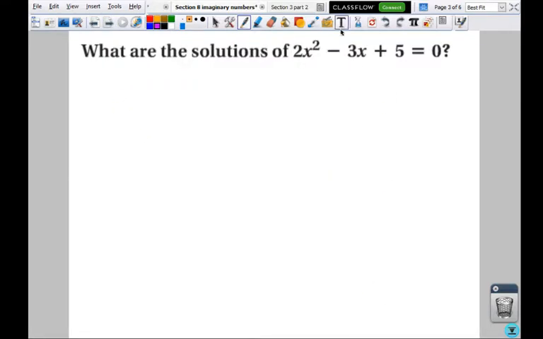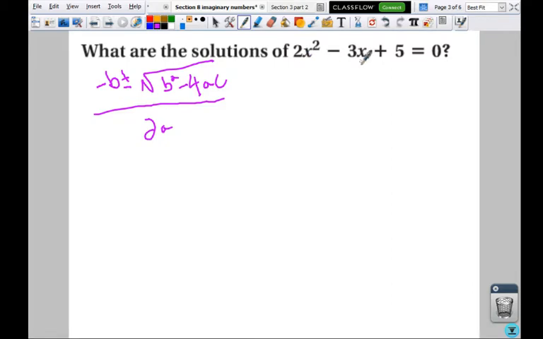So we are going to find the solutions of 2x squared minus 3x plus 5. I'm going to write out my quadratic equation just so we have it: negative b plus or minus the square root of b squared minus 4 times a times c, everything divided by 2a. Alright, so I got my a, I got my b, I got my c, and I have to be careful because b is negative 3, not just 3.